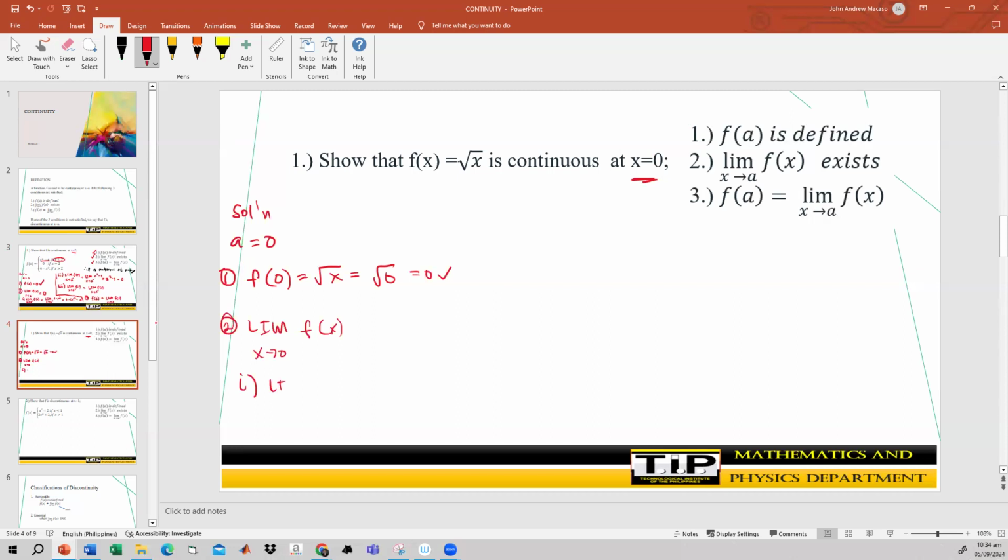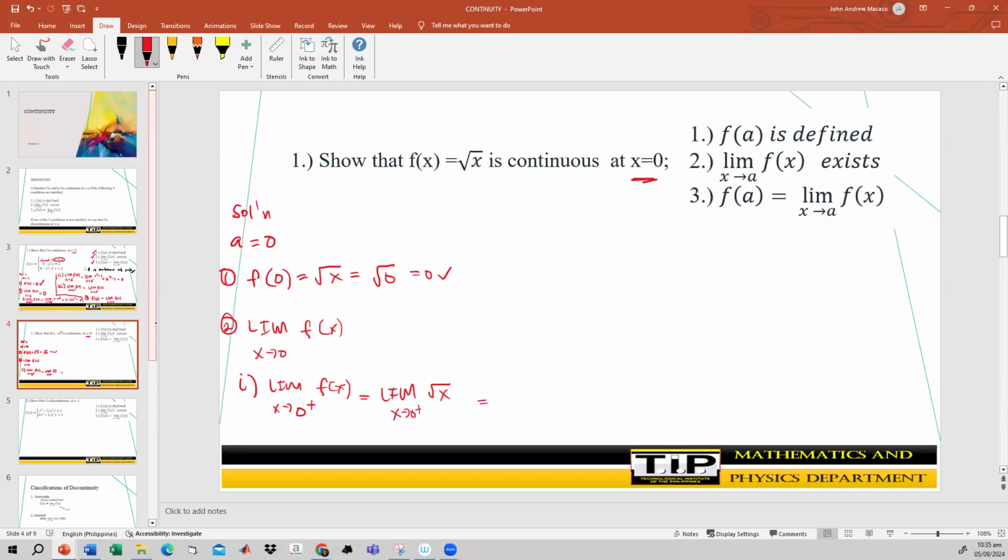We need to look at the limit of f of x as x approaches 0, of course, from the right. So this will become the limit of the function square root of x as x approaches 0 from the right.